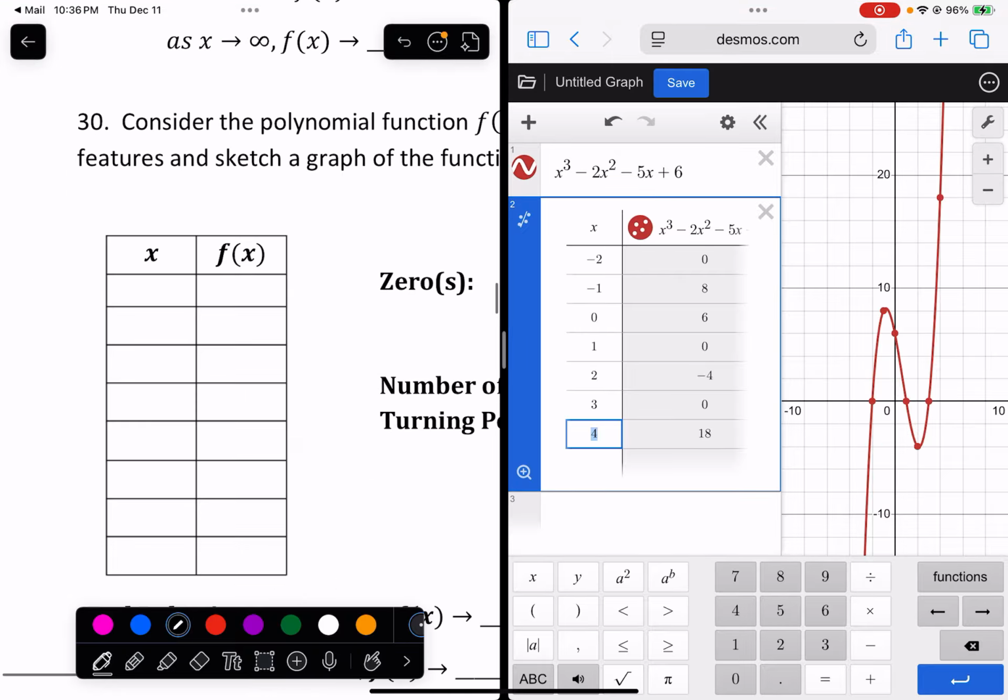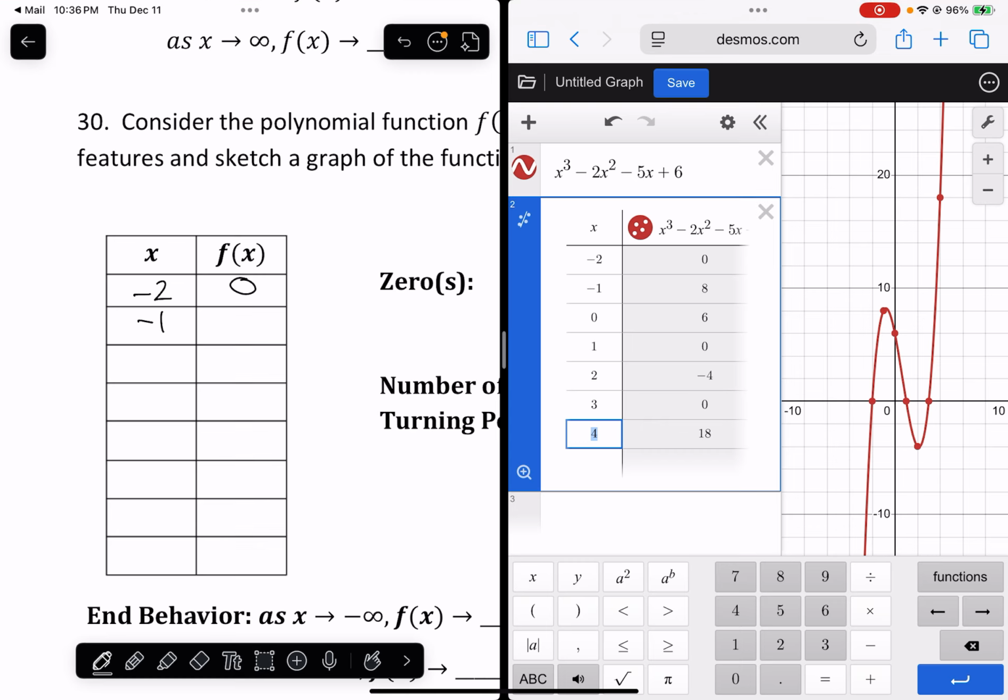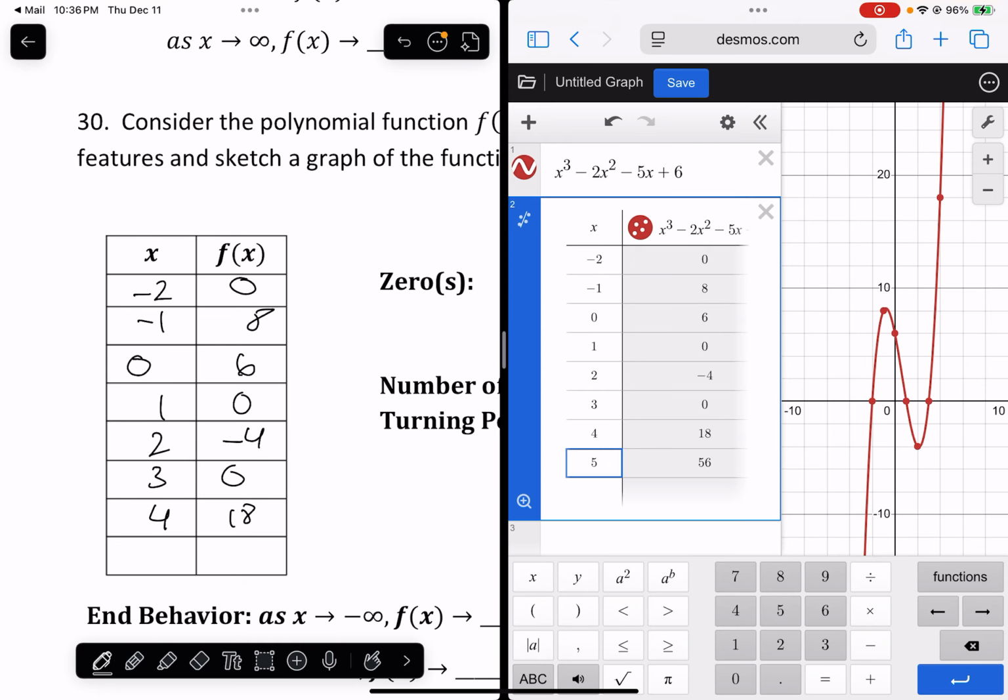So we'll do negative 2, 0, negative 1, 8, 0, 6, 1, 0, 2, negative 4, 3, 0, 4, 18, and I guess maybe I should have done 1 ahead of the negative 2, but whatever. We'll just do a 5, I guess. And we get 56, which is insane. Maybe I should have done a negative 3, but that's actually going to be off the chart too, so it doesn't matter.